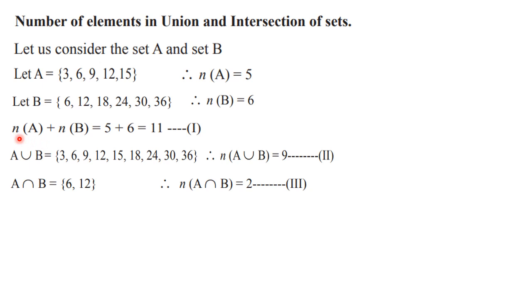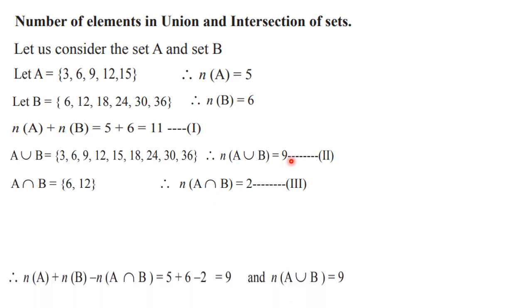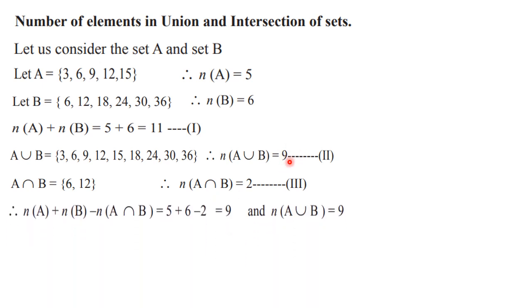So I will write n of A plus n of B minus n of A intersection B. Here, the sum of n of A and n of B, that means 5 plus 6, or 11, minus the number of elements in intersection, that is 2, gives us 9. But 9 is nothing but n of A union B.